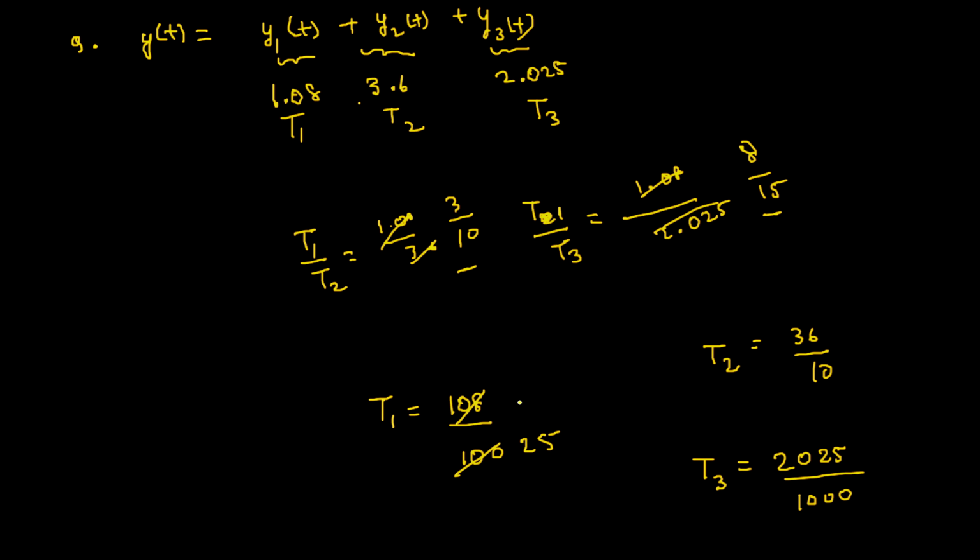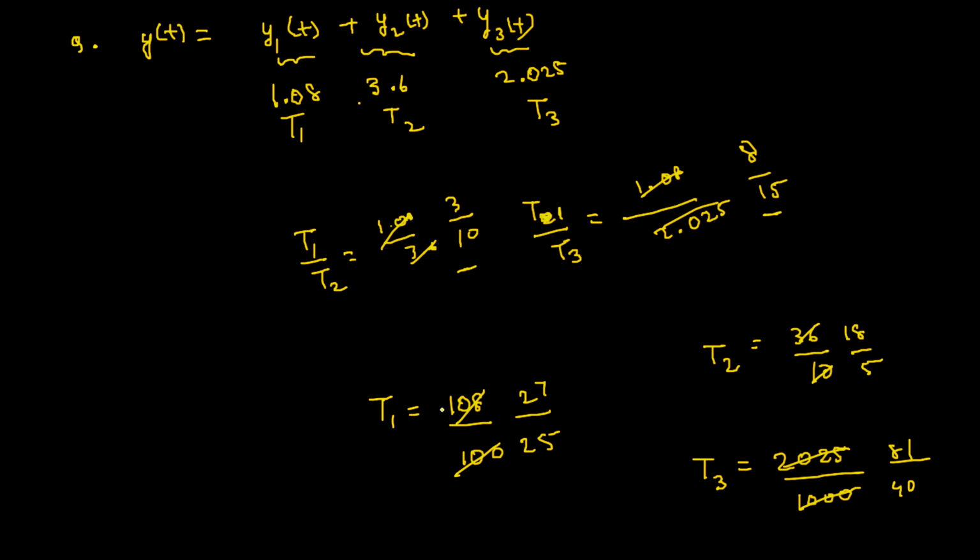This is 25 and this is 27. This is, both of them are divisible by 2, so 18 by 5. Both of them are divisible by 25. So this is 81 by 40.